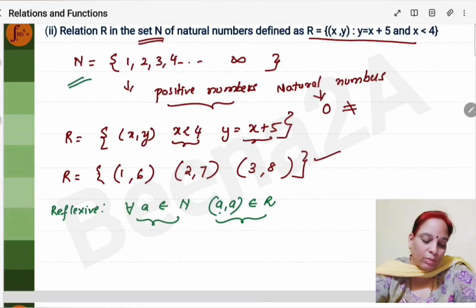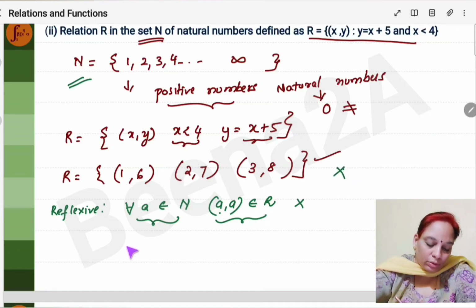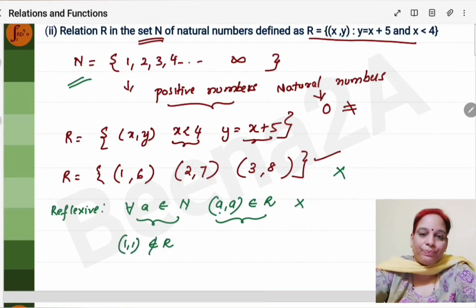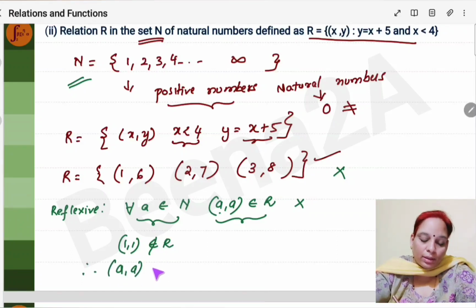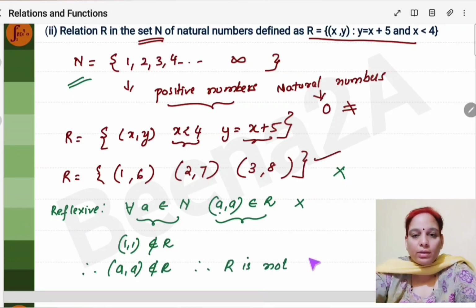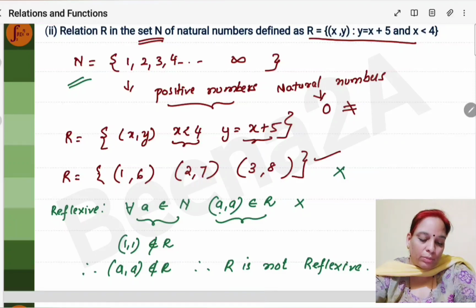Do we have 1 comma 1 here? No. Right? 1 comma 1 does not belong to R. Therefore, you can say A comma A does not belong to R and therefore R is not reflexive. You don't have 1 comma 1, 2 comma 2, 3 comma 3. Therefore R is not reflexive.